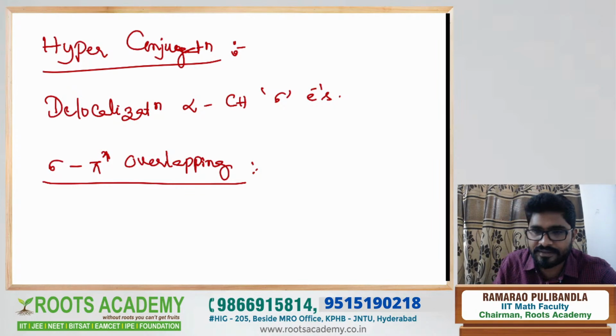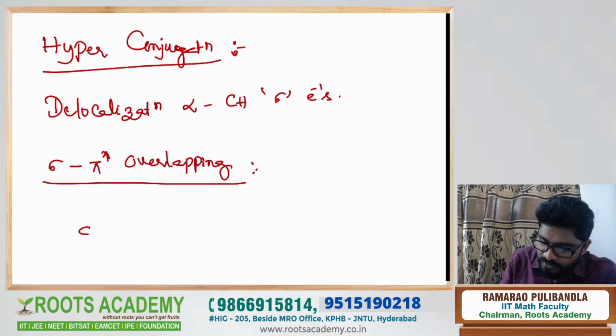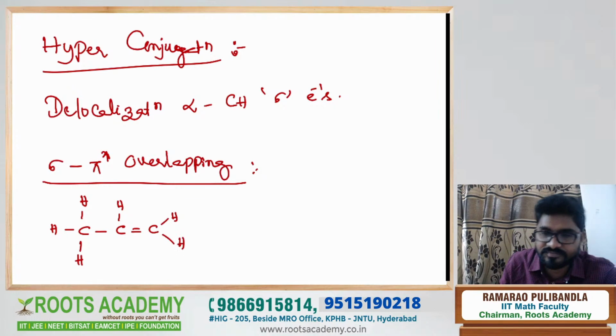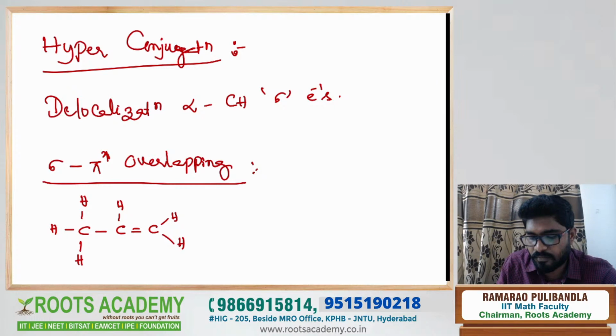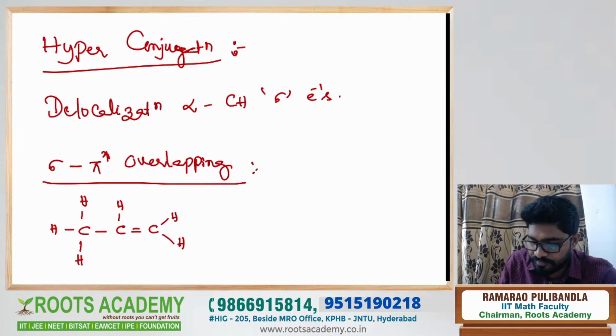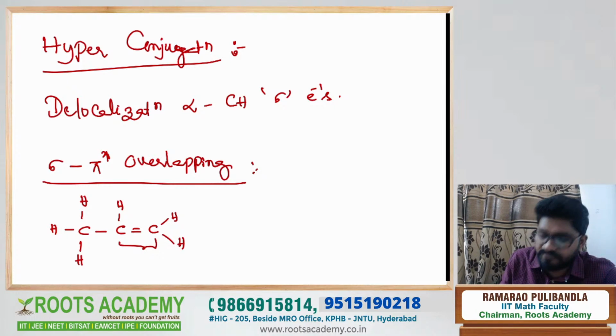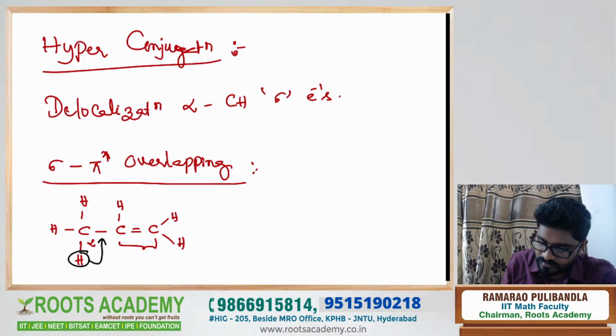I'm taking this kind of compound, CH3-CH=CH2. Now this is the double bond functional group and this is the alpha carbon. This is the alpha hydrogen, and shifting of that is nothing but hyperconjugation.